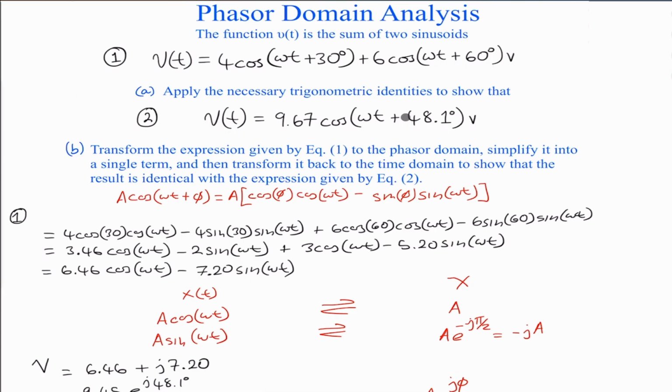If we need to divide, we go to phasor, and you might end up in polar when you go to phasor. Then you divide or multiply in polar, and then go back to time. But if you need to add or subtract, you go to rectangular, do that, then go back to polar, and then go back to time. So if you want to add or subtract, go to rectangular, add or subtract, then go to polar, then go to time. If you want to divide or multiply, go to polar, divide or multiply, and then go to time.